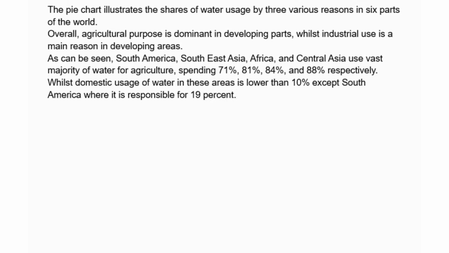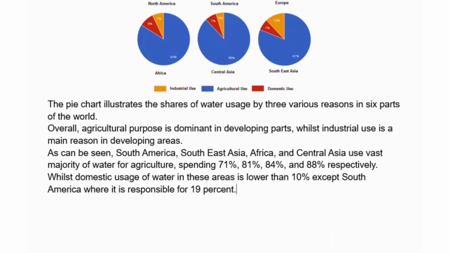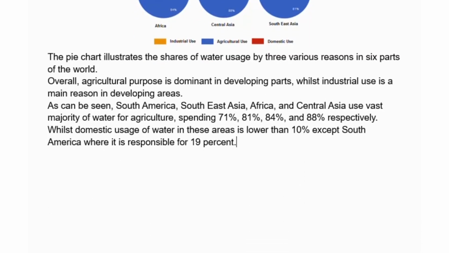I'm mentioning this in a general way, but giving exact data for the highest one. For the rest, I'm just saying it's lower than 10%. It's written in the best way possible. Sorry about this, I forgot a comma here.